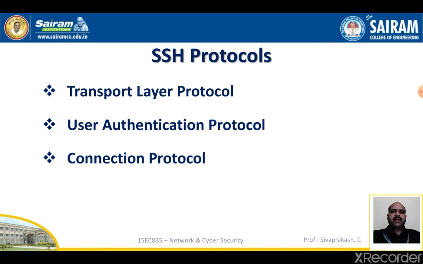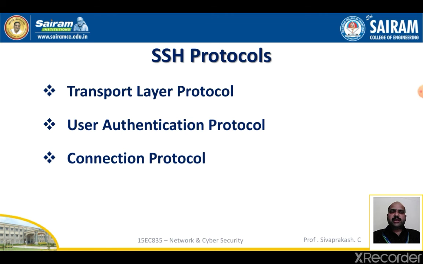That is, if a key is compromised during one session, the knowledge does not affect the security of earlier sessions. The transport layer may optionally provide compression. The user authentication protocol authenticates a user to the server. The connection protocol multiplexes multiple logical communication channels over a single underlying SSH connection.